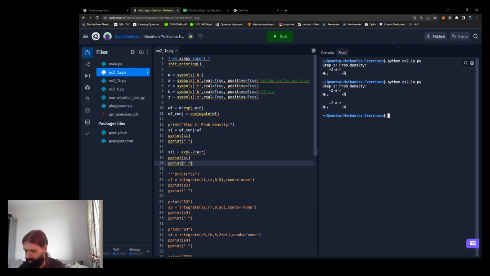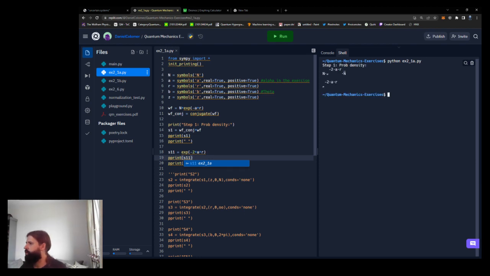This is the function that we have, e to the power of minus 2, and A can be negative. A can be real. That's all we know. That's definitely all we know.